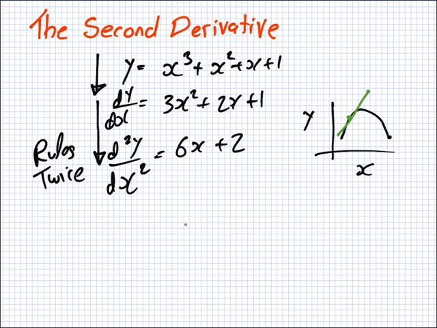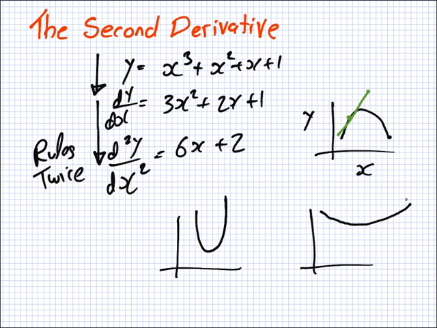For example, your graph could be curved quite radically like this, or it might be just gently curving like this. The second derivative can tell us something about how it's curved.